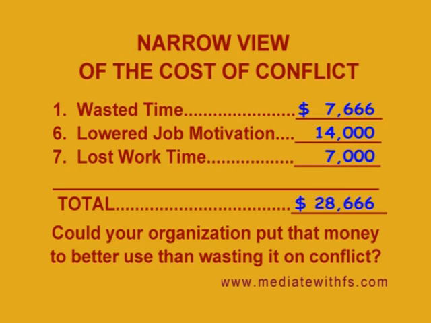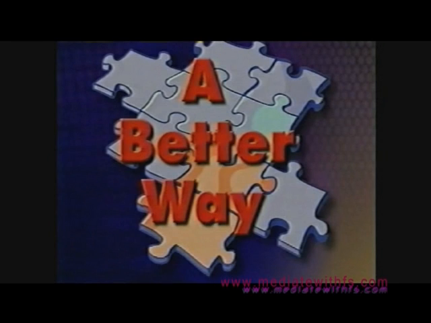But let's just look at wasted time, lowered job motivation, lost work time. Those three alone amount to almost $30,000. If you do nothing, there is a cost to your organization. We strongly recommend heading off conflict in its early stages. That's when it's the easiest to untangle and is the least expensive.